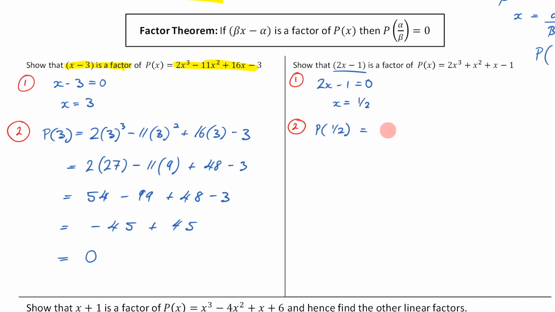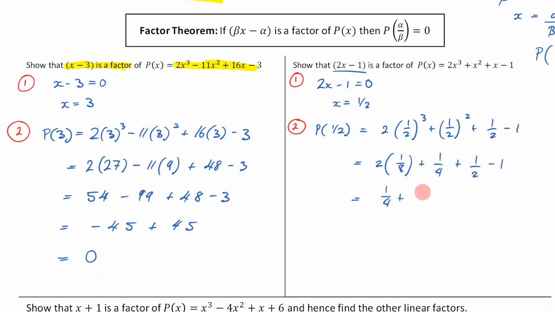So I'm going to end up with, now this is going to be a mess. It's going to be 2(a half cubed) plus a half squared plus a half minus 1. Now this is going to be 2(1 on 8) minus 1 on 4 plus a half minus 1, which is going to be 2 on 8, which is 1 on 4.